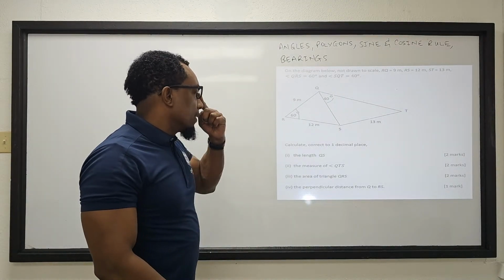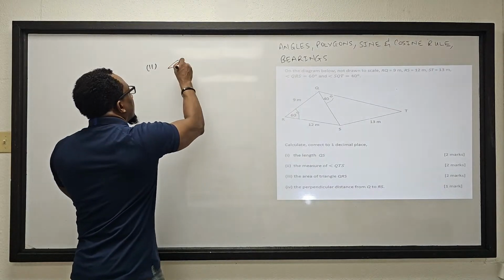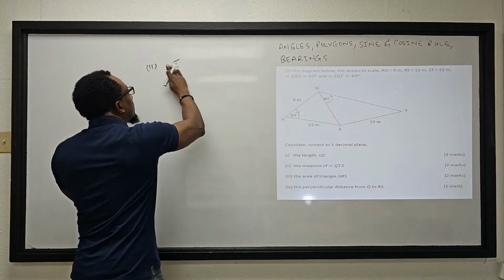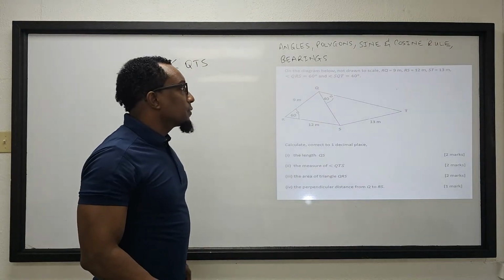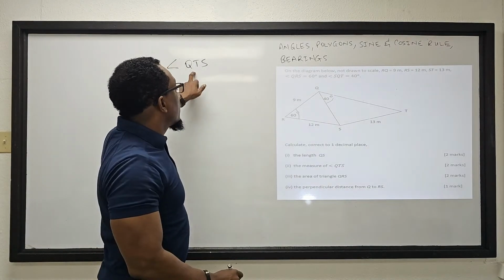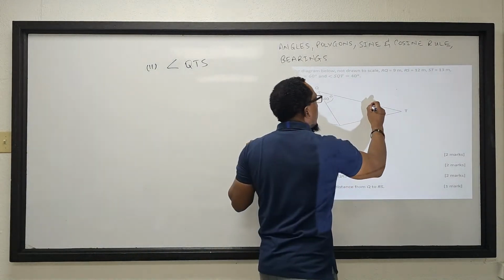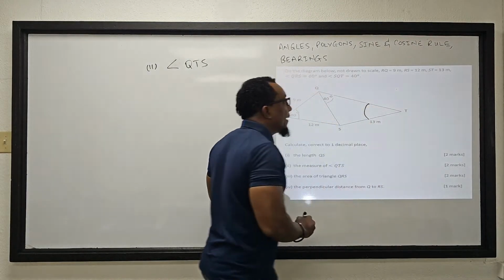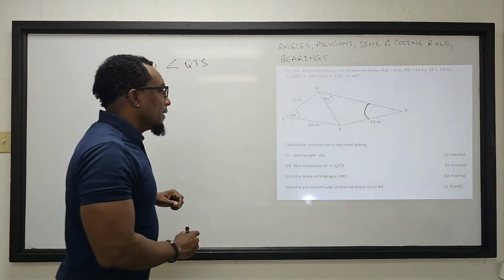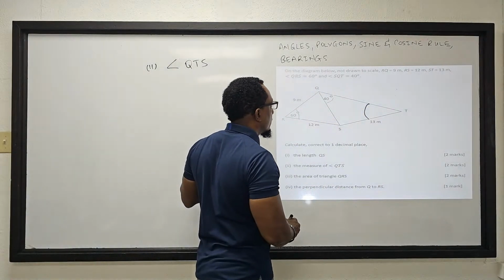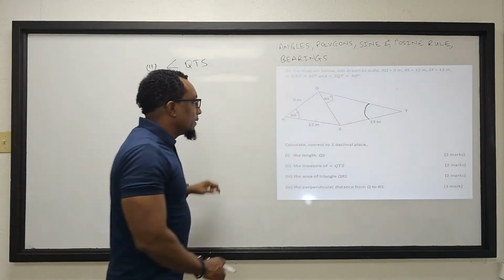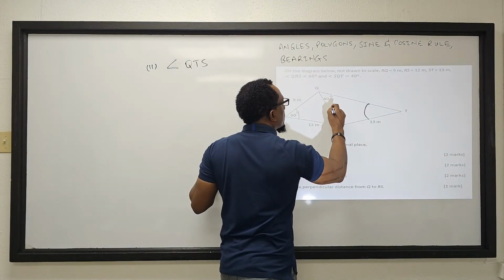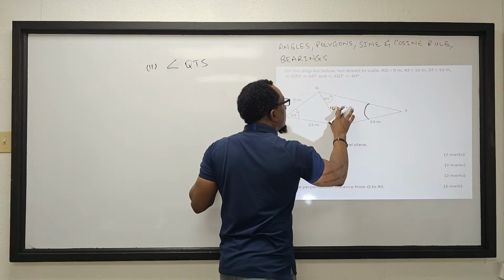To find an angle, that symbol means angle, so it will be located at the letter in the middle, which is at T here. I want us to find that angle. This length, previously we got that to be 10.8 meters.